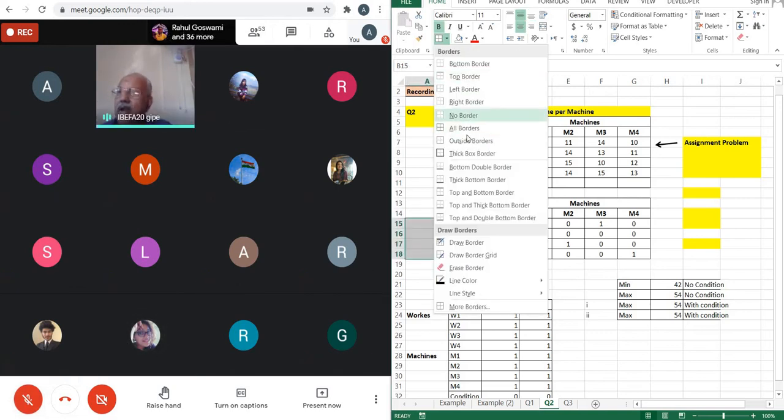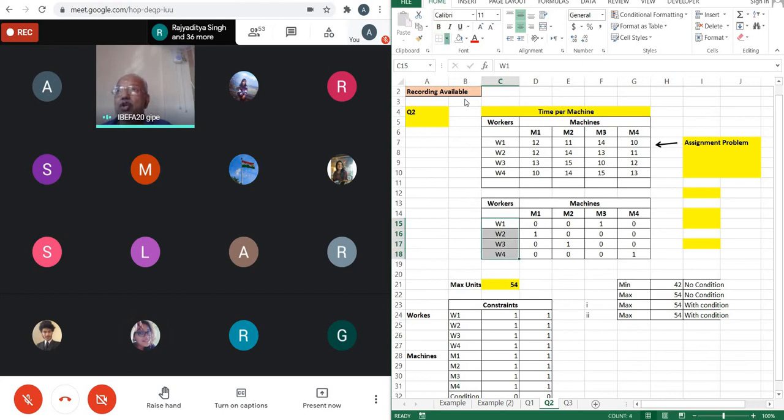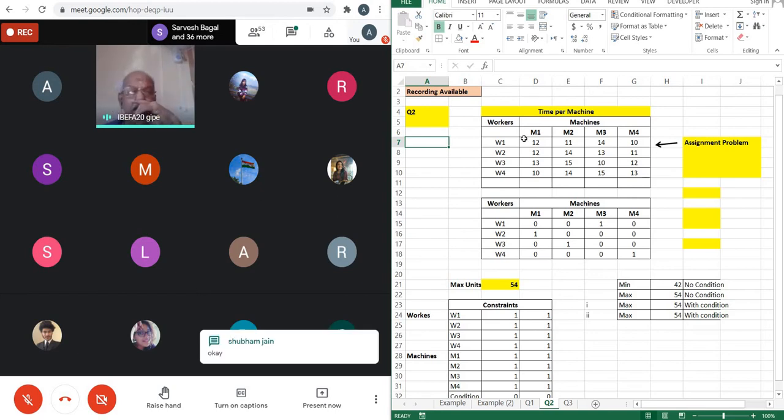This is called dual TP. Dual means if there is a problem of minimization, definitely for that there is a maximization also. If there is a maximization problem, definitely there will be a minimization problem.